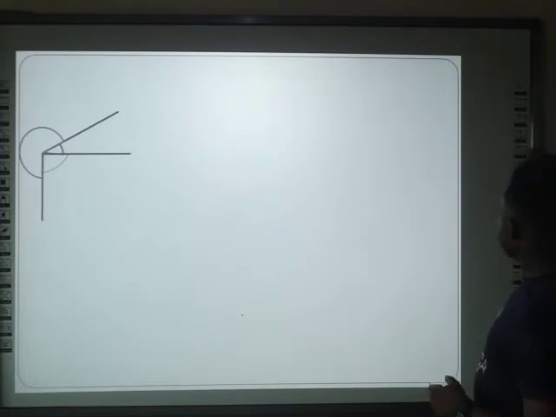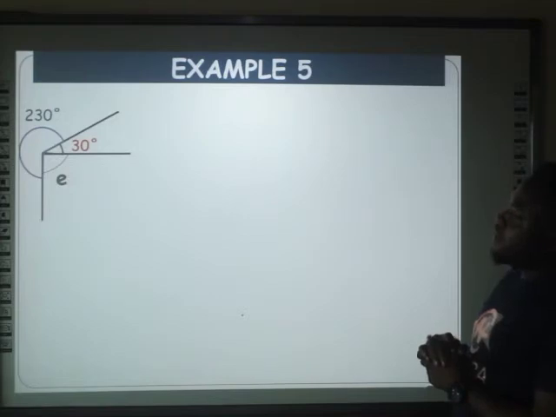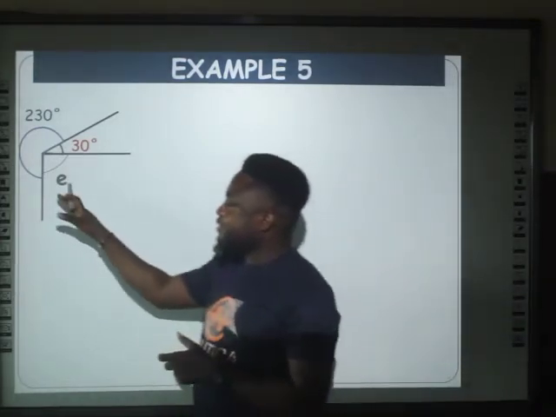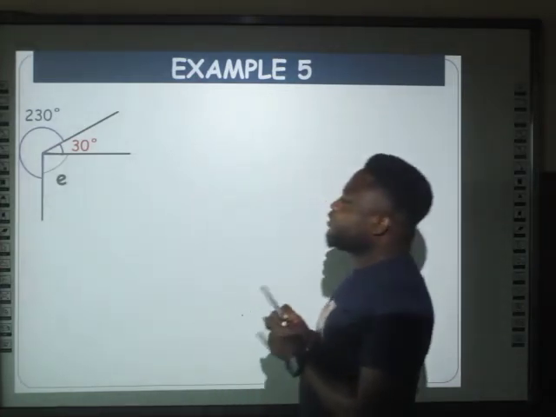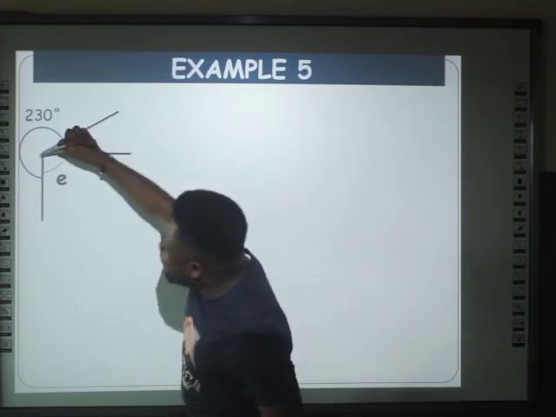So let's look at the next example. Now here, the missing angle is E, this variable. Now, what do you observe? You have three lines meeting at a particular point.